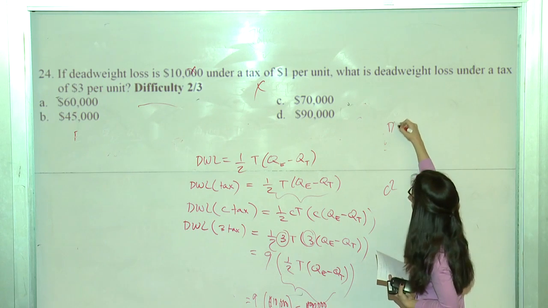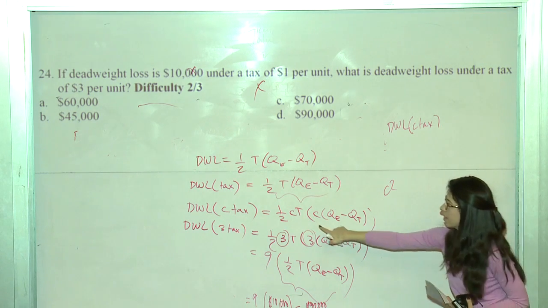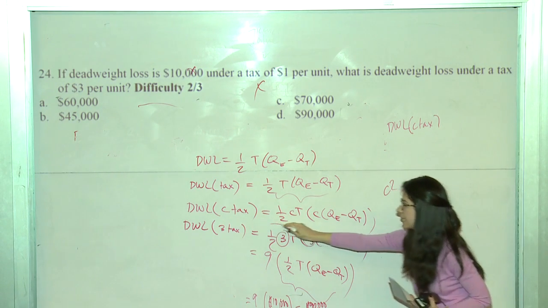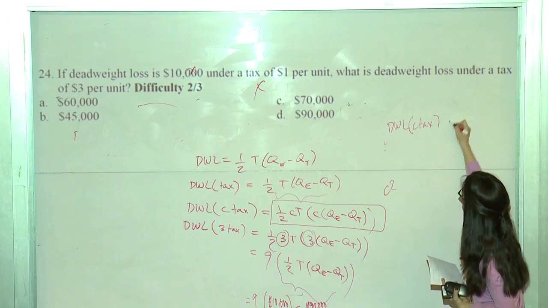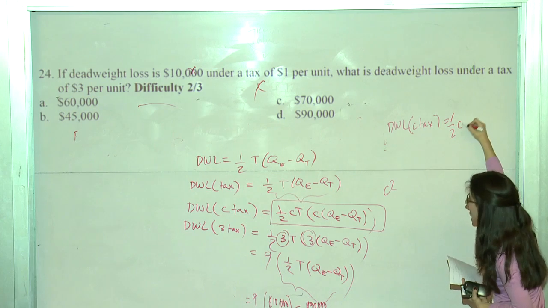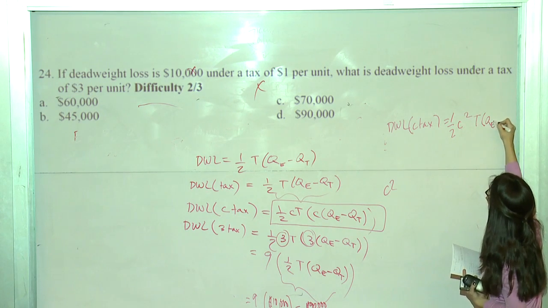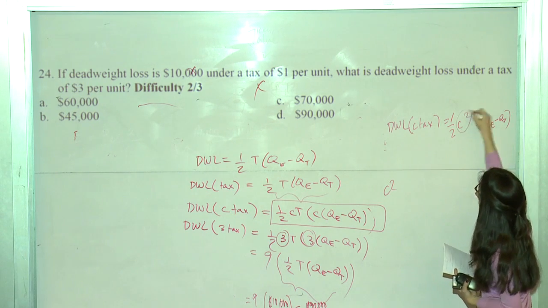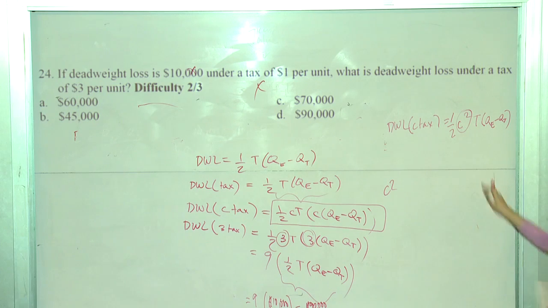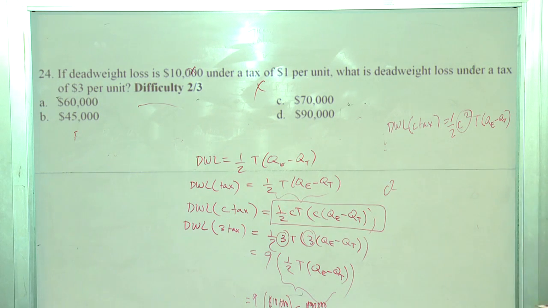So the deadweight loss of C times the tax, if I rewrite this expression right here, is 1/2 C squared T times QE minus QT. So this C squared is what distinguishes the new deadweight loss from the previous deadweight loss. Any questions about this one?